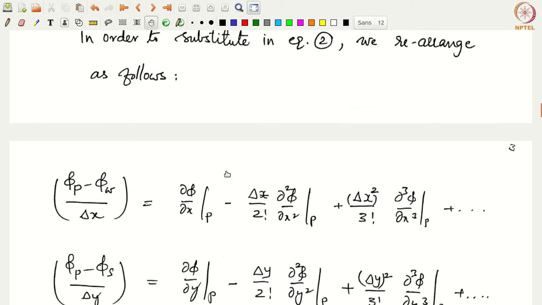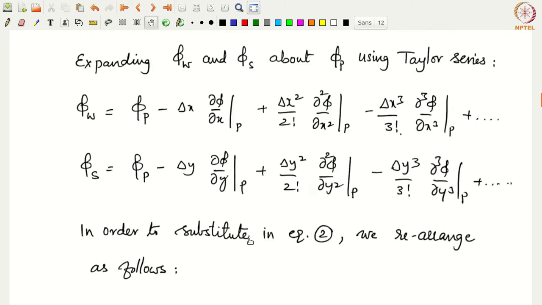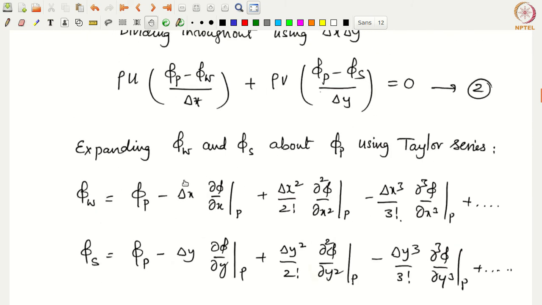That means phi P minus phi W by delta x equals partial phi by partial x minus delta x by 2 factorial partial square phi by partial x square plus delta x square by 3 factorial partial cube phi by partial x cube, right? Essentially we just rewrote this quantity from the first equation that we have here.